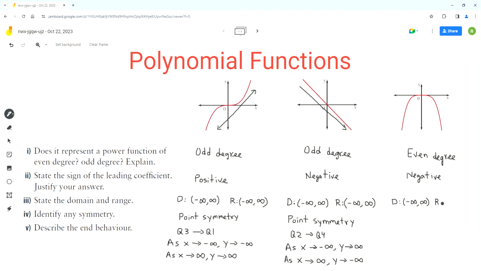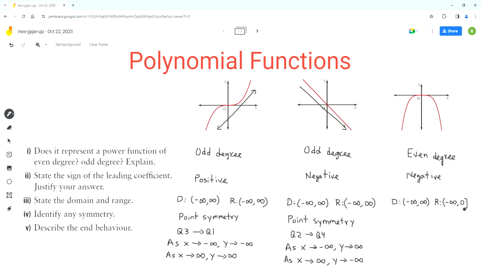Now the range of the graph is limited from negative infinity to 0, and 0 is included in the range because the graph starts from negative infinity on the y-axis but doesn't go above 0, it stops at 0.